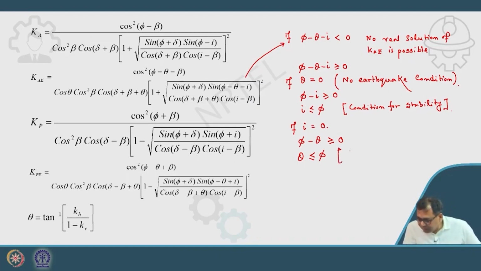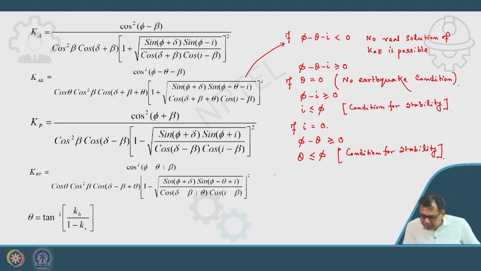That is the condition for stability. If you have an inclined backfill, you can also put the I here and you will get a similar type of condition. Here I put I equal to 0 and I get theta less than or equal to phi as the stability condition.